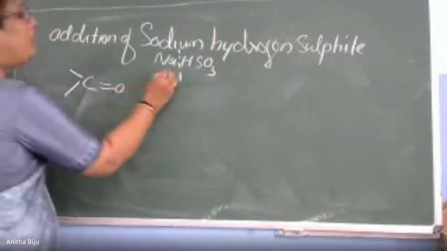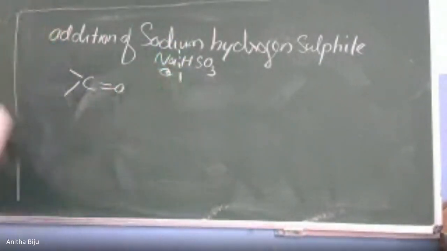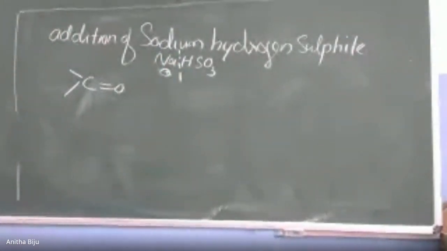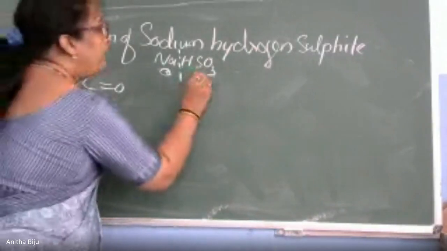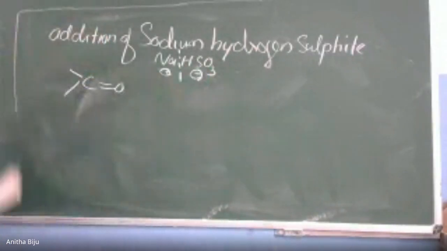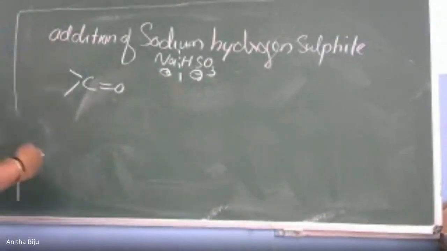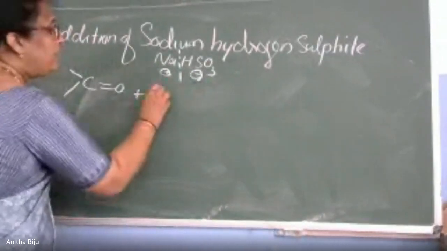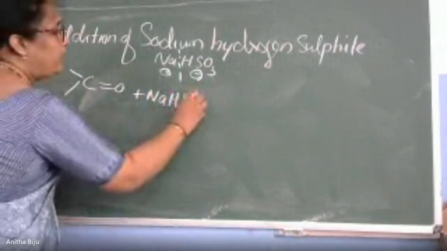We have a plus charge here, but we are not having a negative charge on hydrogen. Instead, we have the negative charge on the sulfur atom. So along with the sulfur, you can put a negative charge. So the attack takes place when we add it like this, NaHSO3.